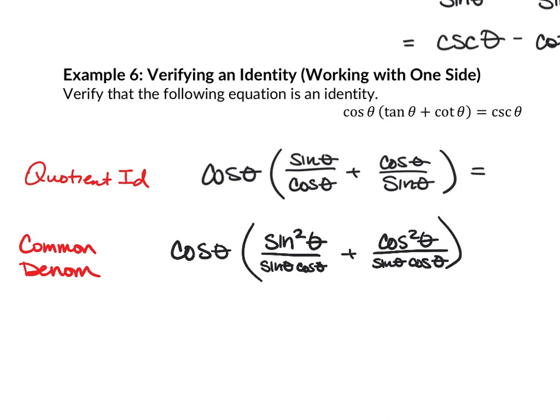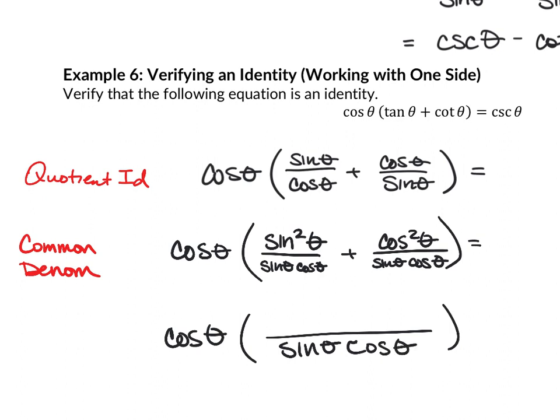We can actually add these two things together now. So again, hang on to this cosine in front. I know it's tempting to distribute it in, which you could have done. We're just solving this differently. These are going to be with one fraction, one denominator. Sine of theta over cosine theta.